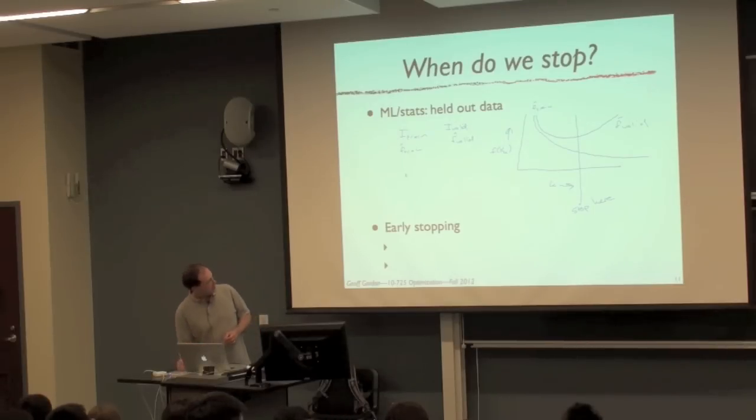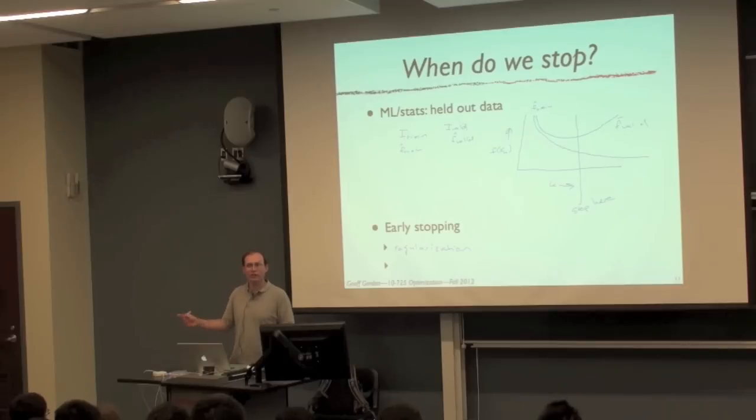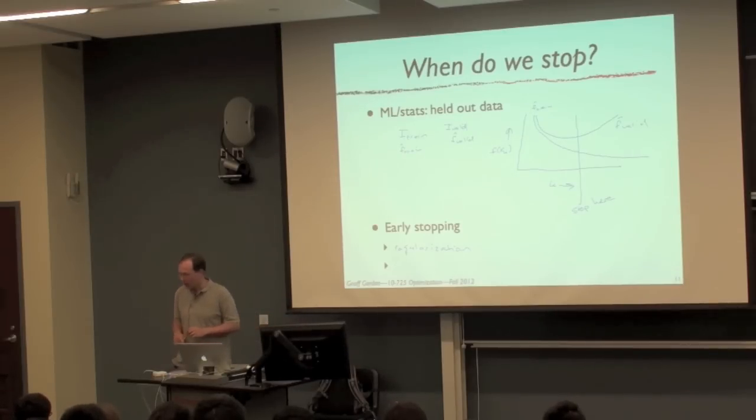Now, there's sort of two ways to think about why it is that you want to do that. One of them is regularization, right? Meaning that performance is going to get worse if you keep going, so you might as well stop. And it turns out that this is actually a really good way to regularize.